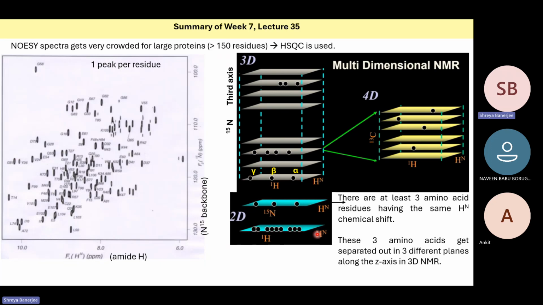So in this system, if you have 3 amino acids, the HH spectra can be very crowded, because suppose in the same plane you have alpha, beta, gamma of one amino acid, alpha, beta, gamma of another amino acid, and so on. But if you introduce a third axis, the different amino acids will separate out in different planes, and it is easier to resolve this kind of 3D spectra.